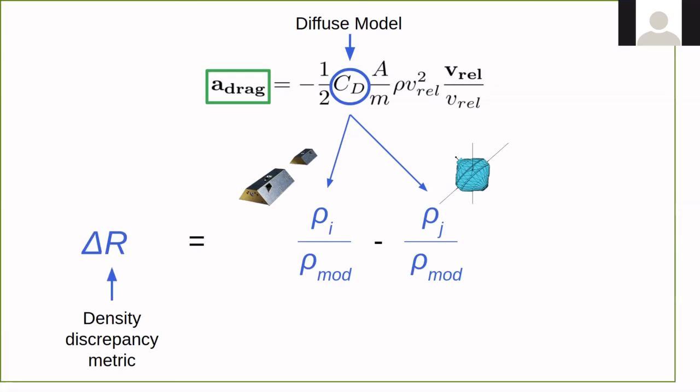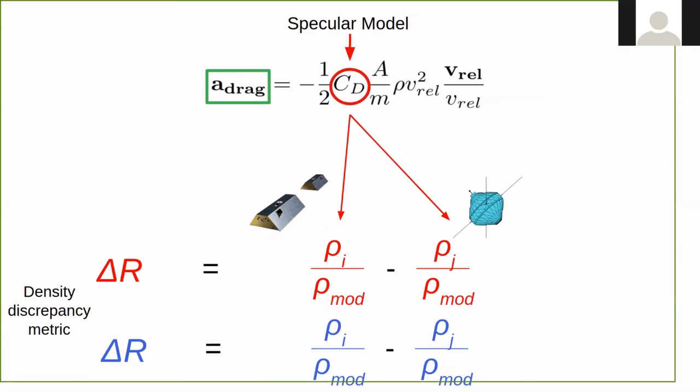Then we can define our density discrepancy metric, delta R, as the difference between the measured to modeled derived density ratios for the two satellites. So we can do this method for different CD scattering models like diffuse, specular, and others. By defining delta R like this, we're trying to attribute derived density discrepancies to effects of the gas surface interaction assumptions in the CD model.